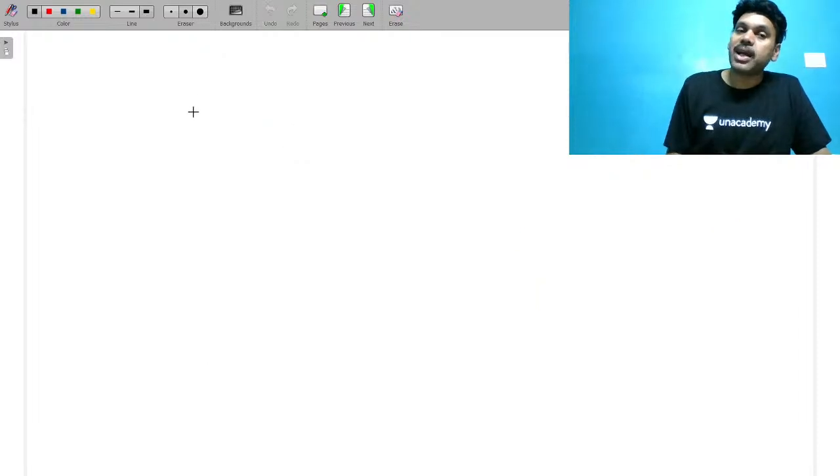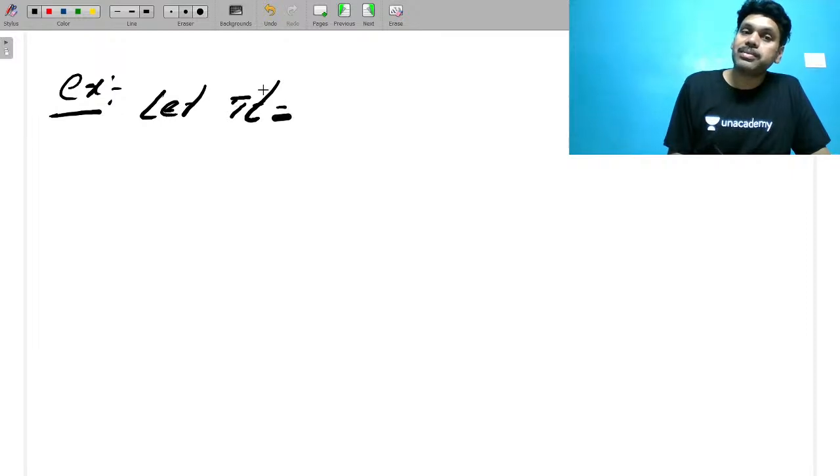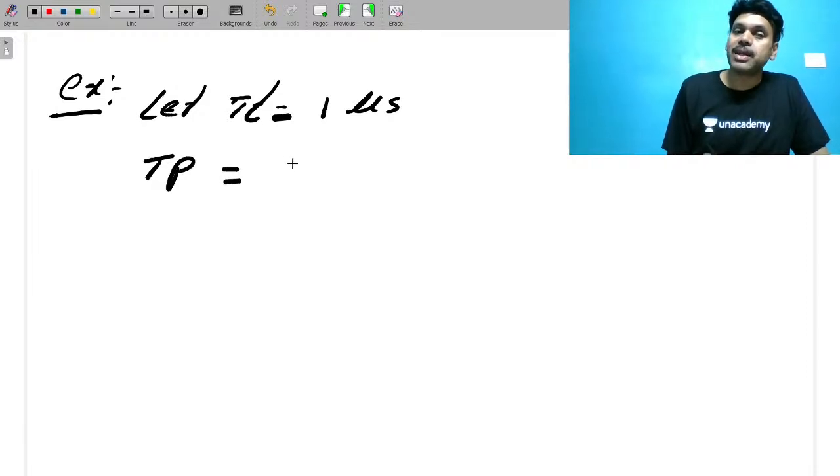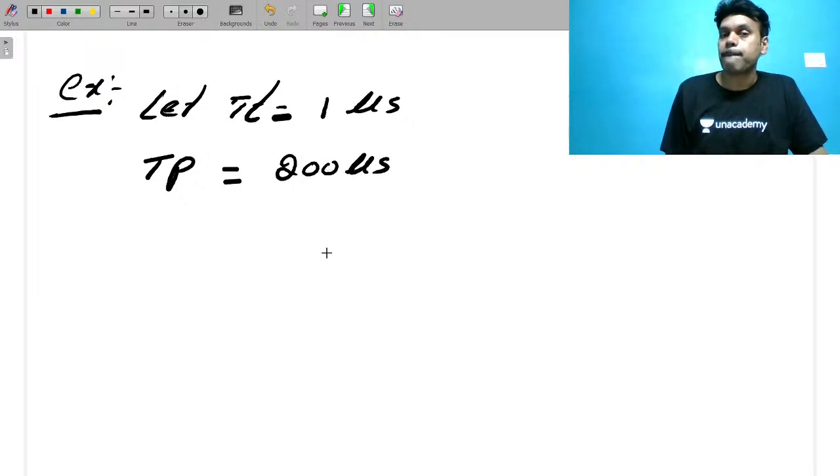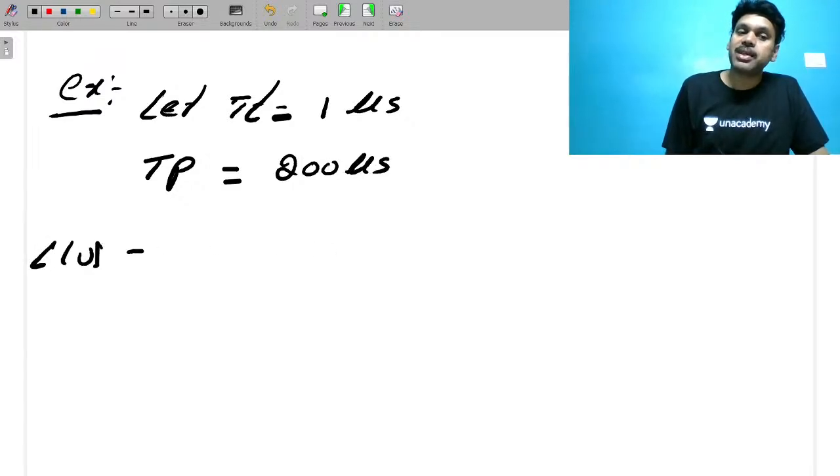Now, another example. Let TT be equal to 1 microsecond and TP equal to 200 microseconds. So what is your efficiency? Simply I can write 1 by 401.